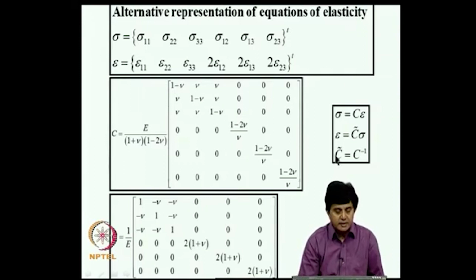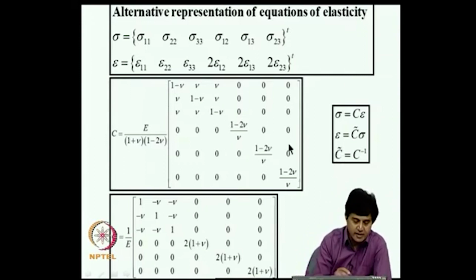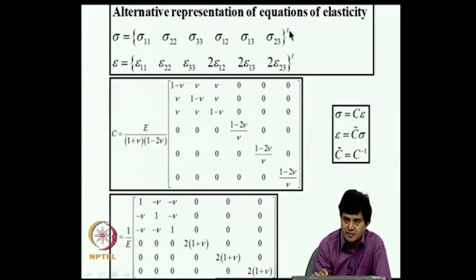Now, there is yet another way of representing stresses and strains. Here we write the state of stress at a point as a 6 cross 1 vector, instead of a 3 by 3 symmetric matrix, and the strain is written in this form. So, this is not a tensorial quantity anymore. If we now write the stress strain relations in this notation, this C will be a 6 by 6 matrix, because stress is a 6 cross 1 vector and epsilon is a 6 cross 1 vector.